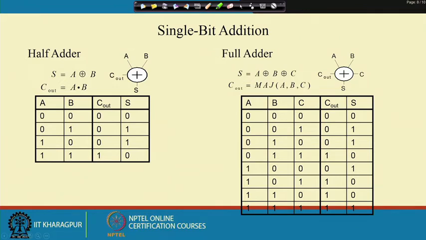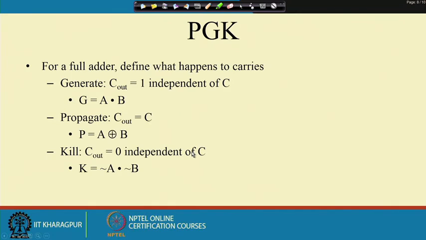For this particular C out, I can get these values using a different logical expression, where instead of AB plus BC plus CA, I will get a different expression for C out. Why I need to do that, we will also discuss at that point.